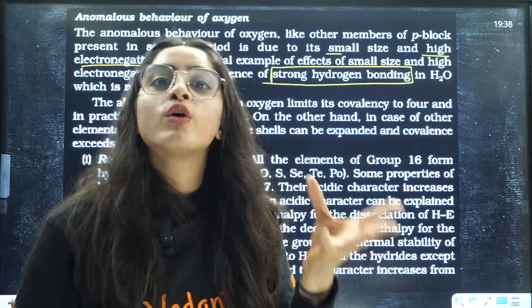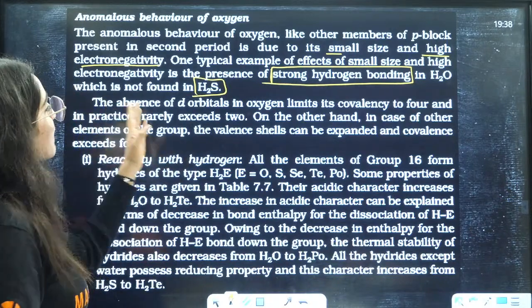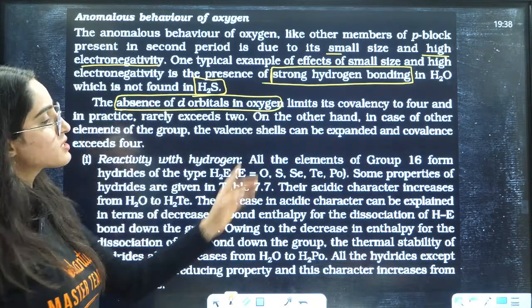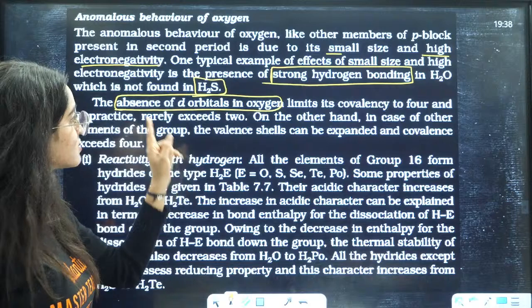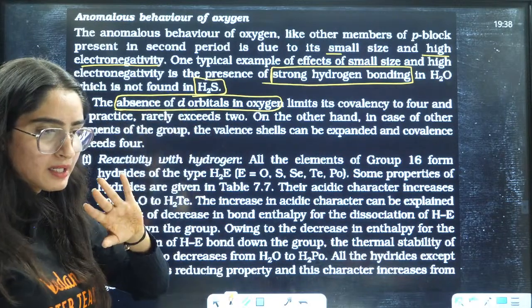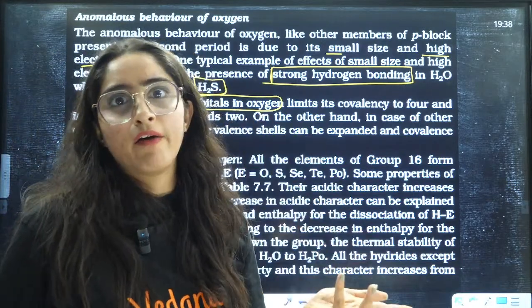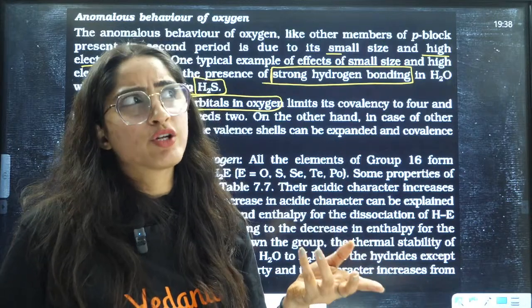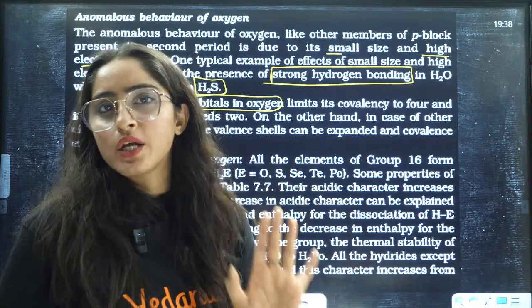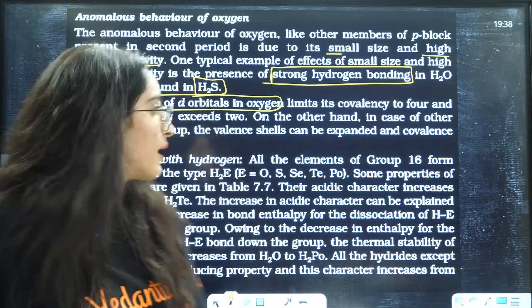Smaller the size, more will be the hydrogen bonding, that we have seen in hydrogen bonding, right? So the absence of d orbital, this is another factor in oxygen, limits its covalency to 4 and in practice rarely exceeds 2. So d orbital, see, you have never seen +3, +4, +6 oxidation. You have seen +2, maybe -2, +1, -1. These oxidation states we have seen for oxygen, not +4, +6. Why? Because covalency it cannot expand, right?